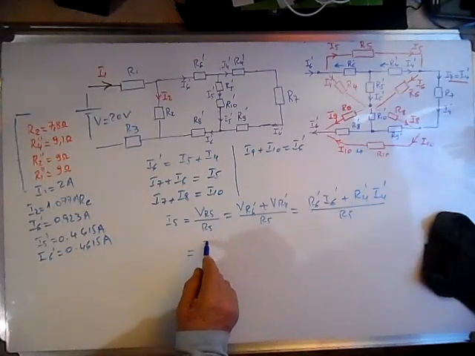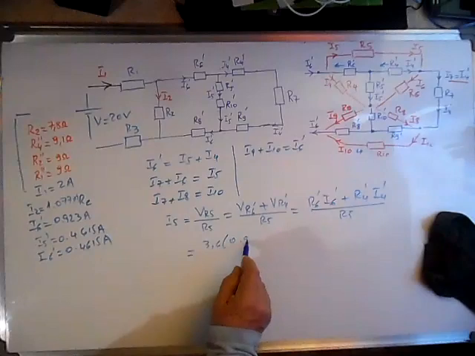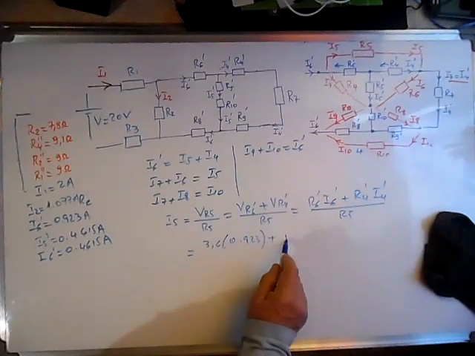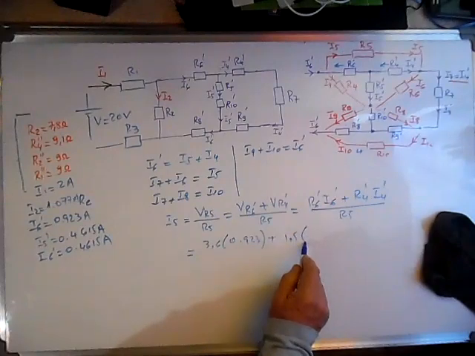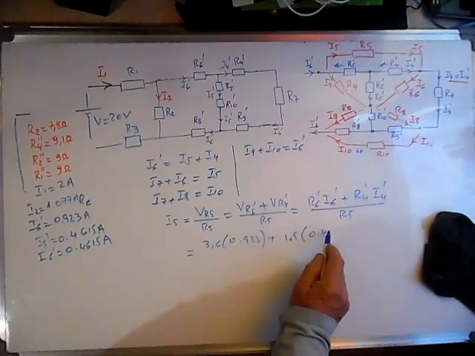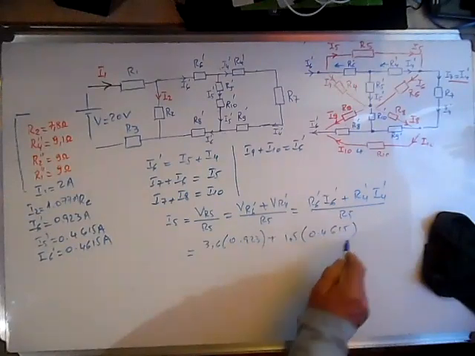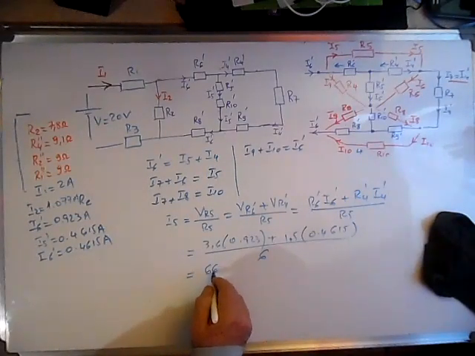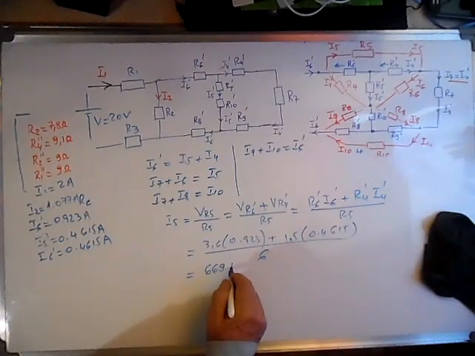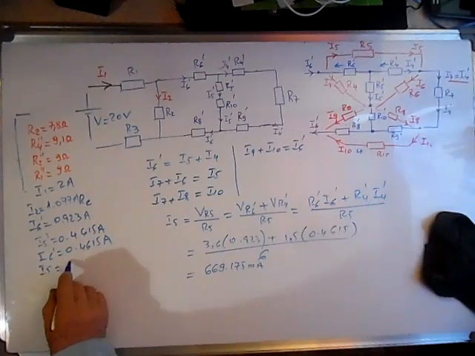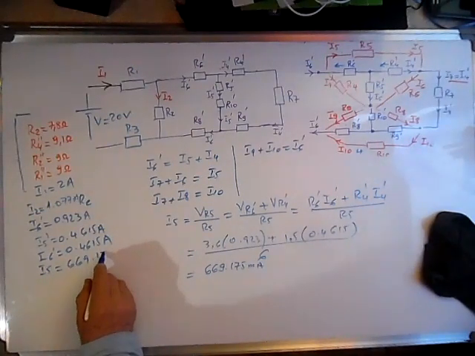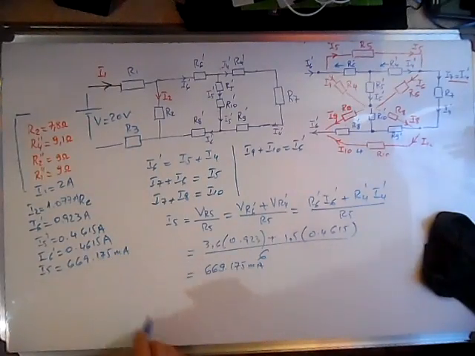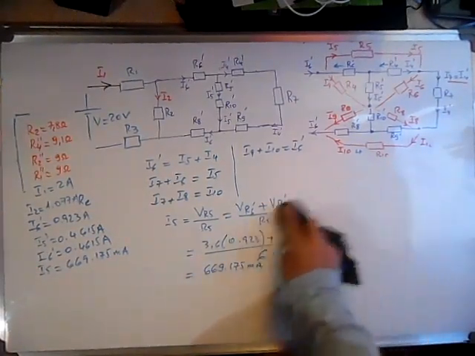This is 3.6 times 0.923 plus 1.5 times 0.4615 over 6. This will give us a current of 669.175 milliamps. So I5 is equal to 669.175 milliamps.